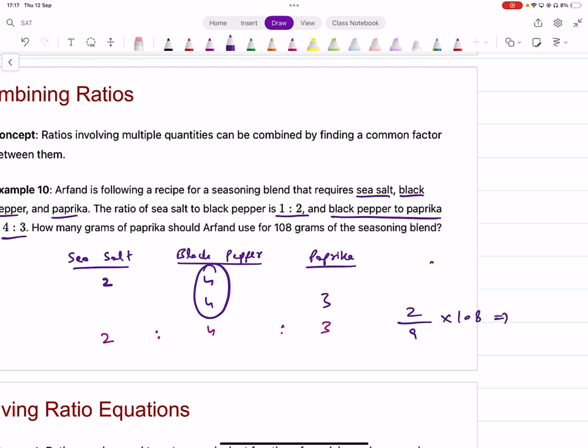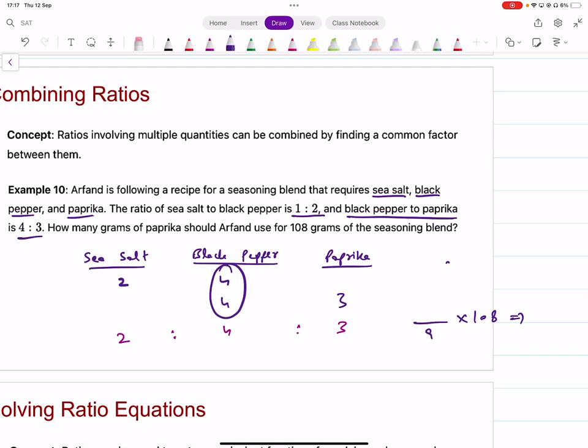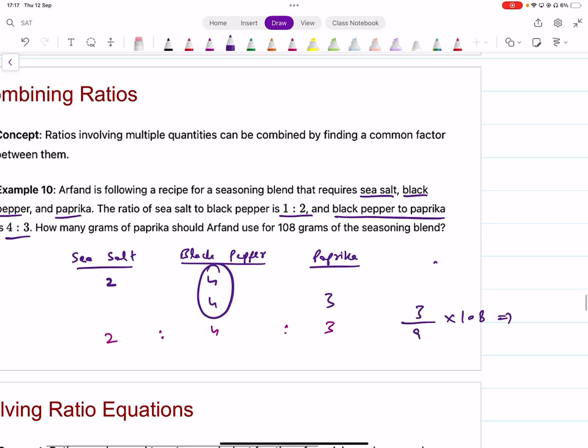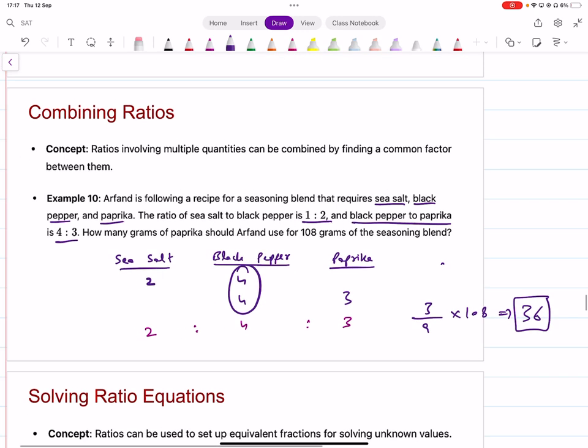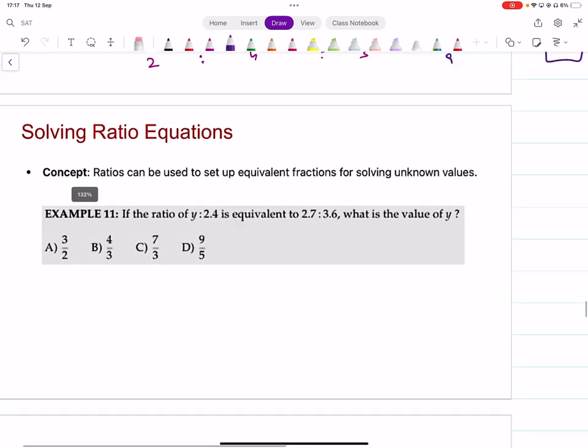Sorry, it was black pepper, I'm sorry. No, paprika, 3. 3 over 9 into 108, that is 36. This is the amount of paprika that you should be using. Any problem with this? No? Okay.